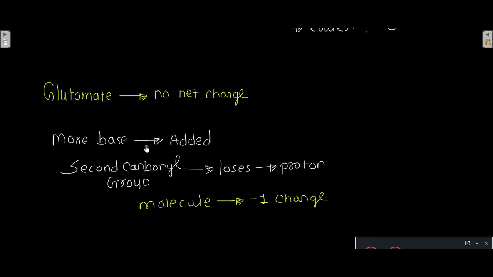So at this point, when the carboxyl group loses a proton and becomes a carboxylate group, there is no net charge on the glutamate. But when you add more base, you increase the pH further, the second carboxyl group loses its proton.